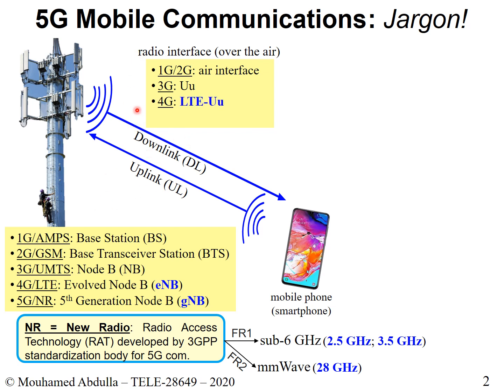When we talk about 4G, the terminology became LTE-Uu, right? And in 5G communication, the terminology became NR-Uu, so new radio Uu. So anytime you hear these different terminologies, you should simply know that we are talking of radio interface.